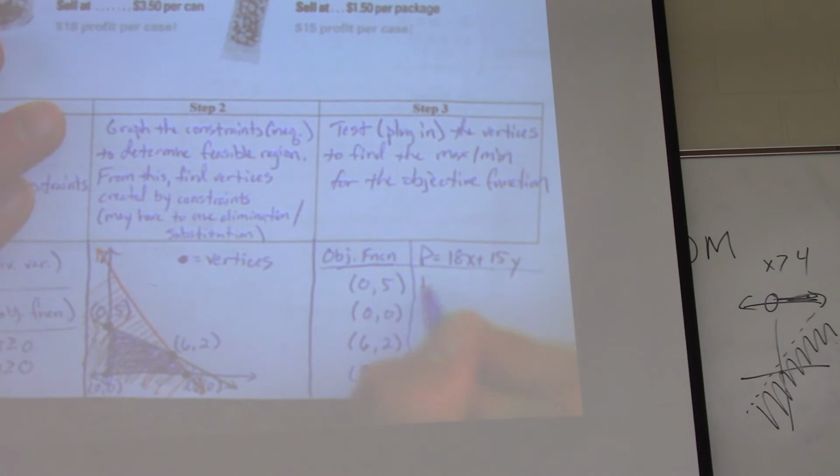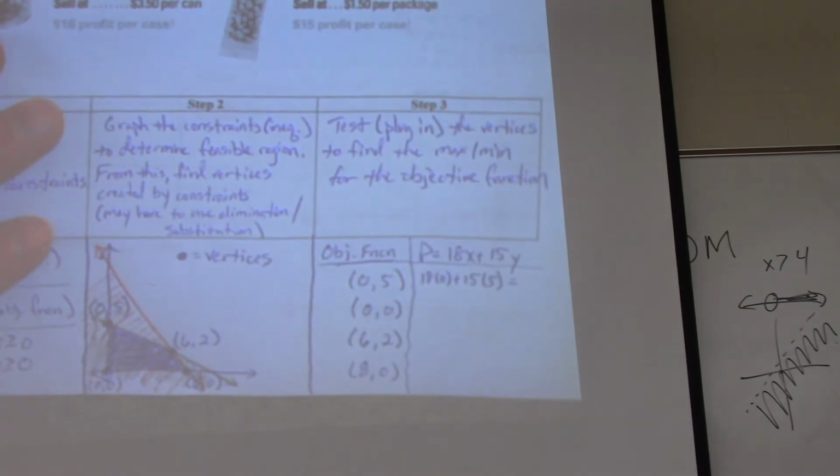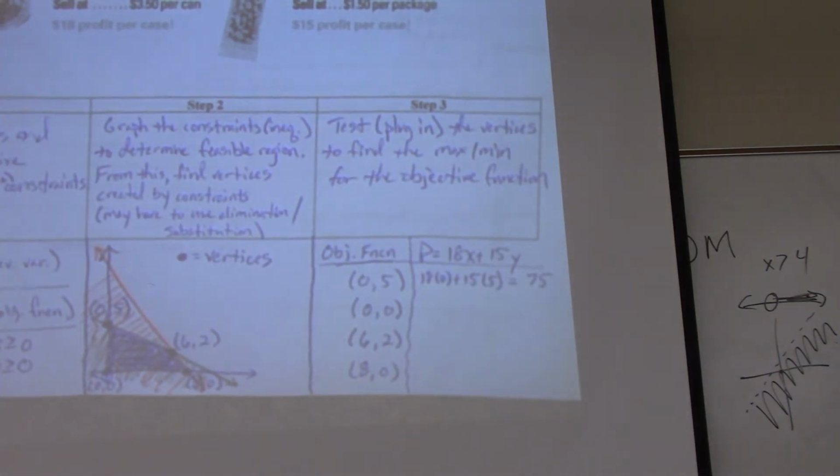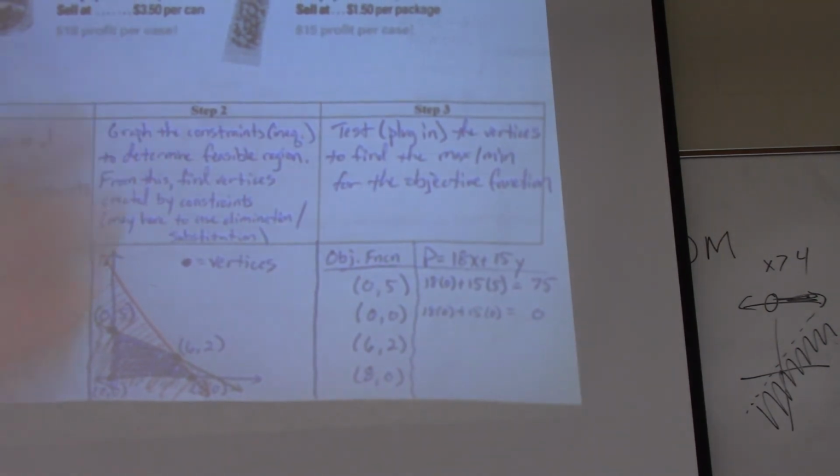This will be 18 times 0 plus 15 times 5, which is 0 plus 75, which is 75. That you can use calculators for, obviously. As I keep going, obviously this will be 18 times 0 plus 15 times 0, which is just 0. That would obviously be my minimum, which makes sense. If I don't sell any chairs or any tables, I don't make any money.